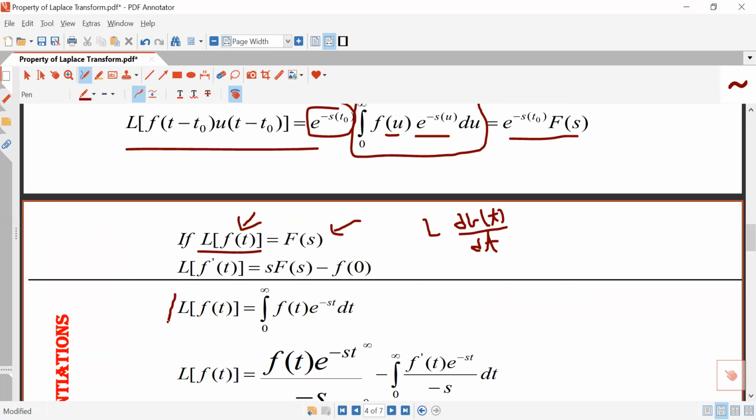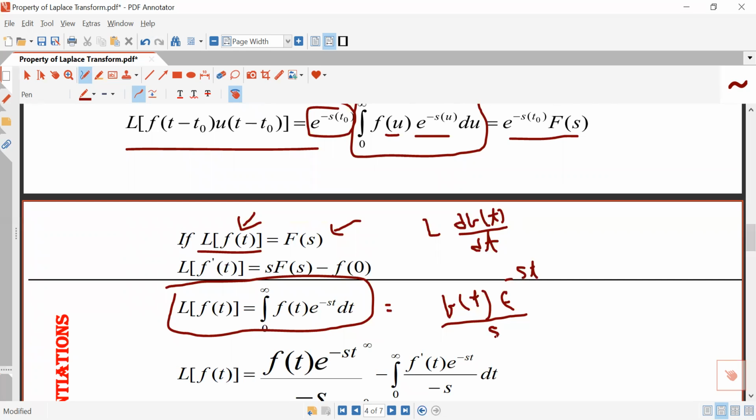As you know, Laplace transform of any function is given by this integration. And now you will have to use integration by part. What is integration by part? How you will calculate integration of a product of two functions? You will have to write it is first function into integration of second. Integration of second function will be e to the power minus st, and you are integrating with respect to t.